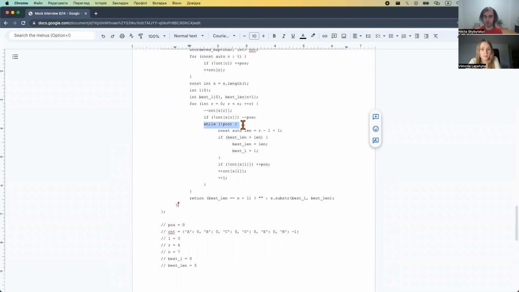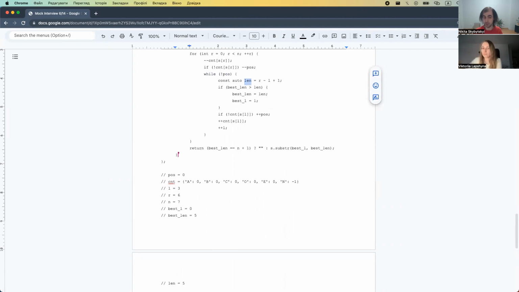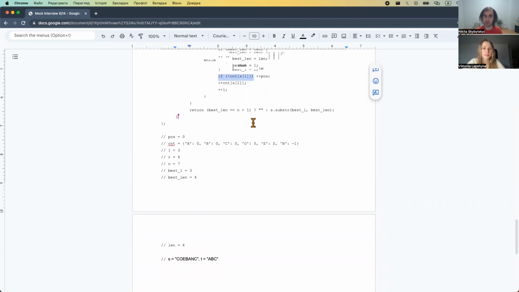So we continue in our while loop. Now length is actually 6 minus 3, 3 plus 1, 4. So now we update best length to 4 and best L to 3, right? We look at the frequency of S left, which is this. It is 0.